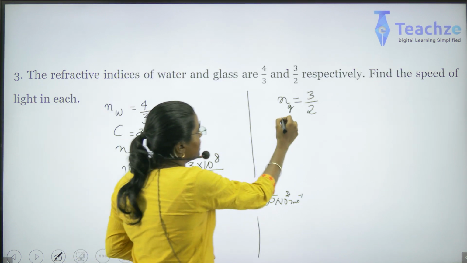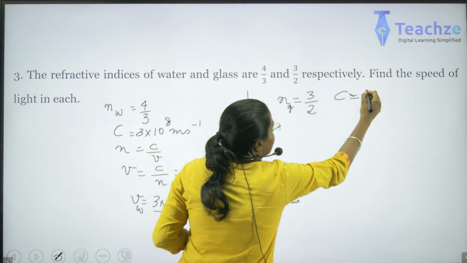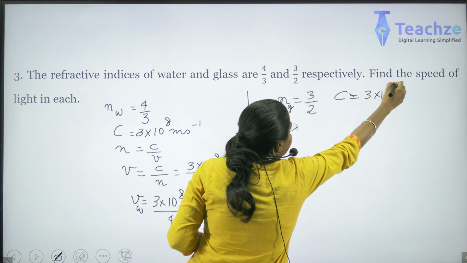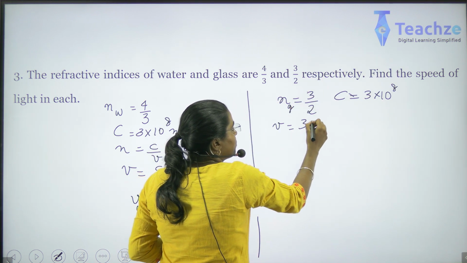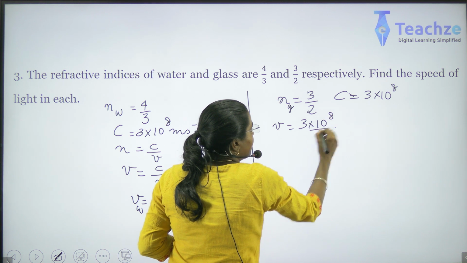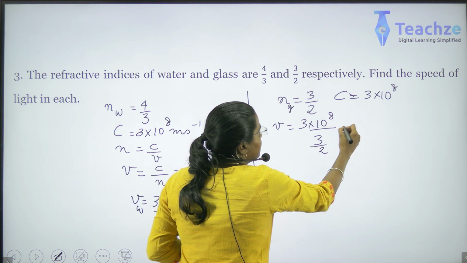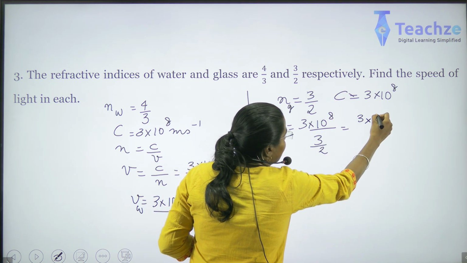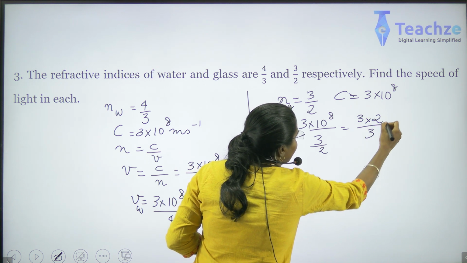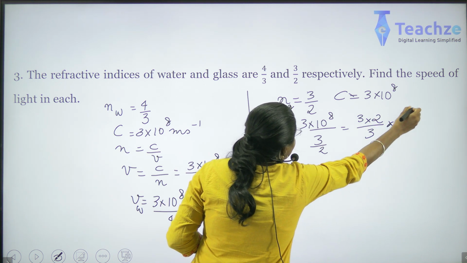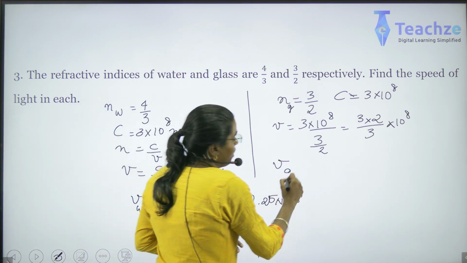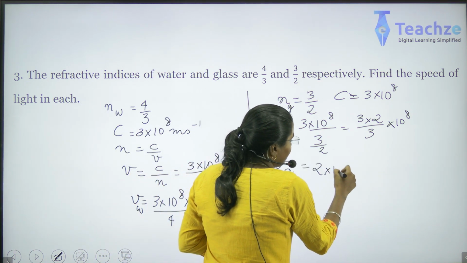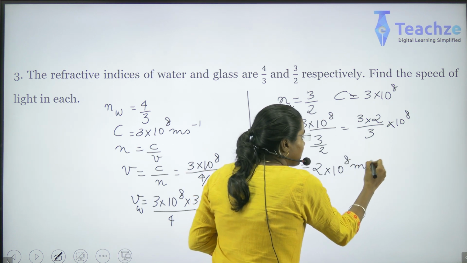C is again 3 into 10 power 8 meter per second. So V will be equal to 3 into 10 power 8 divided by 3 by 2. This will be 2 by 3 into 10 power 8 times 3, so the velocity in glass will be 2 into 10 power 8 meter per second.